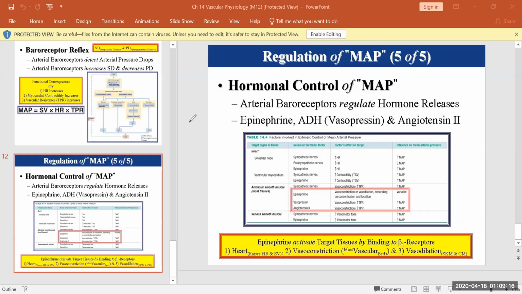So beta-1 receptors are located physically in the cell membrane of pacemaker cells, autorhythmic cells, or in the plasma membrane of an actual contractile cardiomyocyte, cardiac muscle cell. So if epinephrine binds to the beta-1 receptors on the pacemaker cells, it will make the heart beat faster.